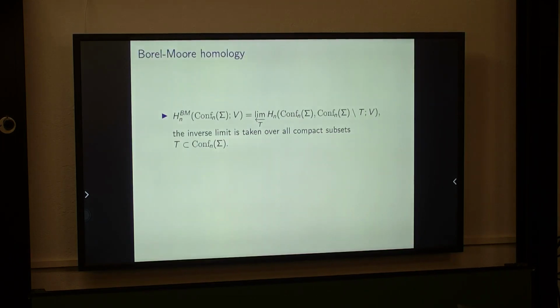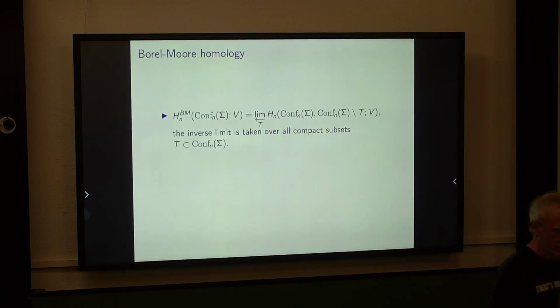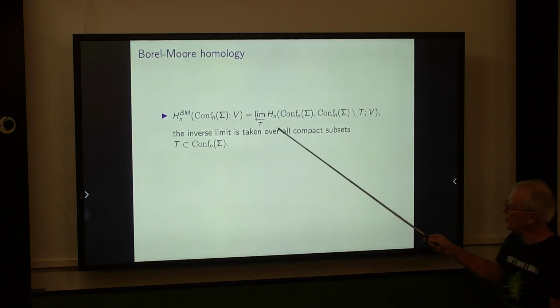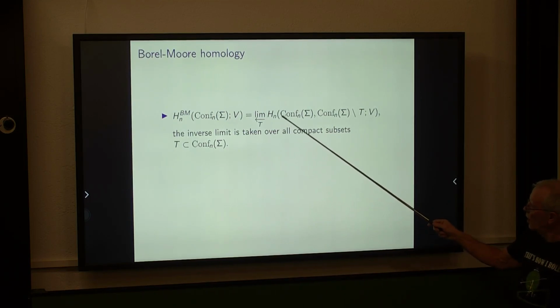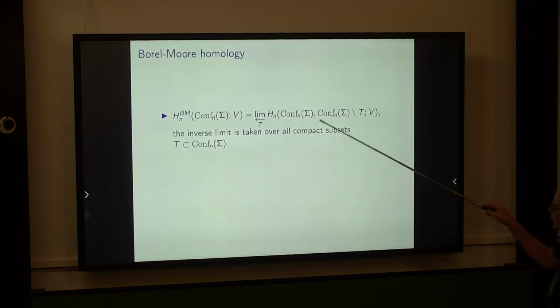Now, I will also consider the Borel-Moore homology variant, which is homology with locally finite chains. It can be defined as a limit, where we consider homology relative to the complement of a compact subspace, and we take a limit. If we replace homology with cohomology and take the limit in the other direction, we would have cohomology with compact support.